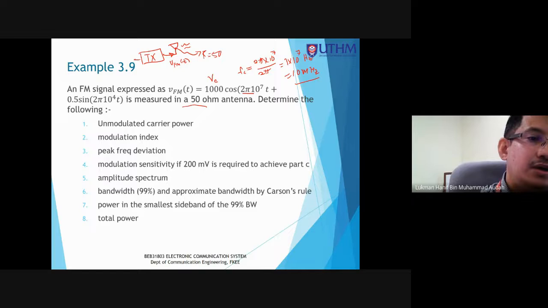Then here is 0.5. This 0.5 is the parameter beta f.